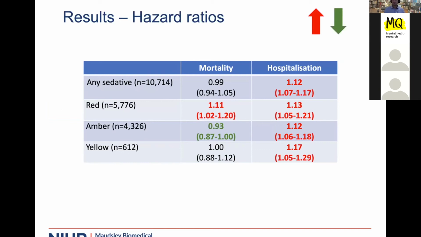While when we come to mortality, actually only those who had medications with very common sedation and strong sedation was associated with a higher mortality risk. Interestingly, those with a very common sedation that wasn't classified as strong also had a slightly lower mortality risk, but it's really almost not significant, but it is something to think about.